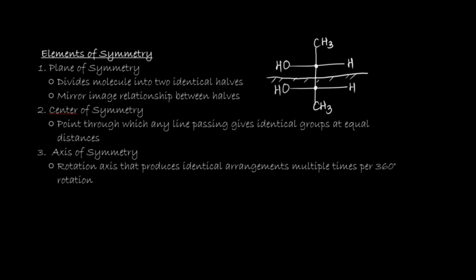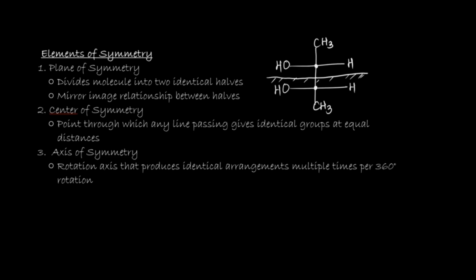So both sides we can see the same molecule. That is plane of symmetry. If we divide the molecule into two identical halves, there is a mirror image relationship between them in this compound, right? This is plane of symmetry. Although four different groups are attached to the carbon, since it has a plane of symmetry, this compound is not optically active.